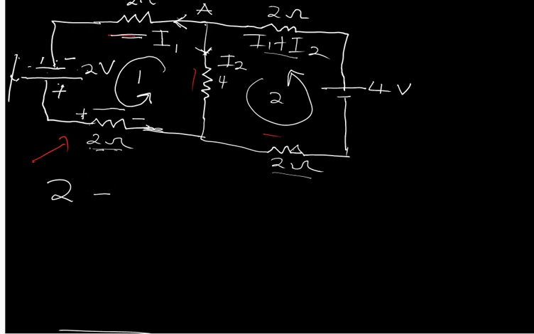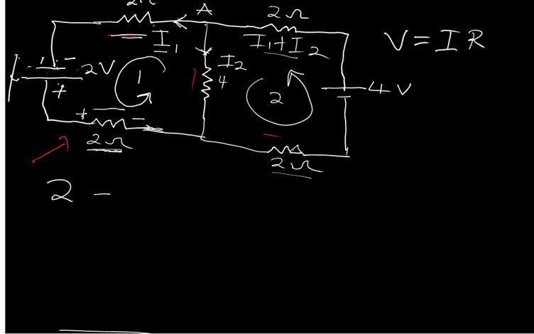Now how do I express the voltage of a resistor? Don't forget, according to Ohm's law, voltage is always equal to current multiplied by resistance. The current across this 2 ohm resistor is the same current flowing through the loop from the source, because it's connected in series in that loop.